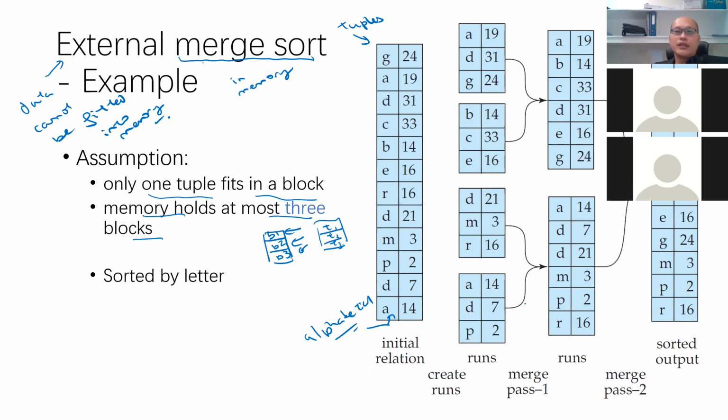Okay, good. So the first thing that we want to do is find out, we have a concept called runs. We want to find out how many runs we are able to create.